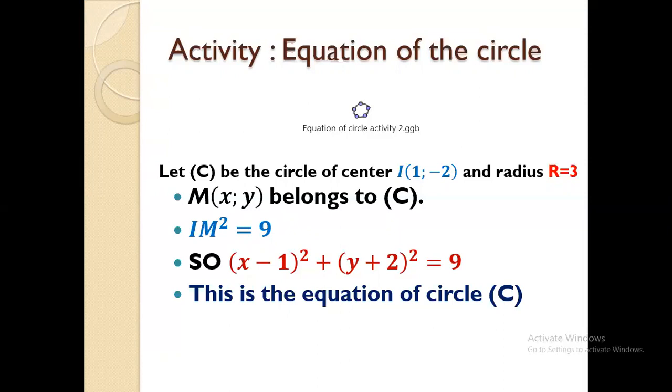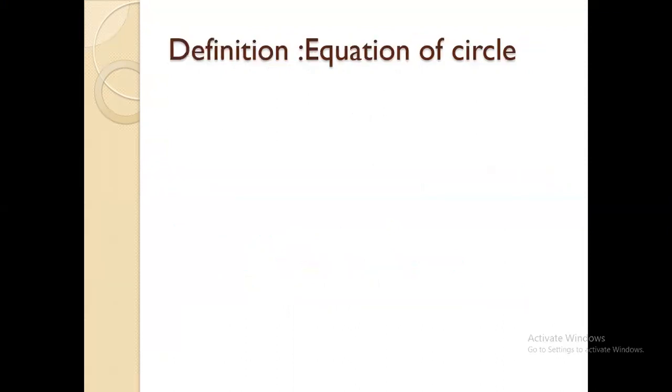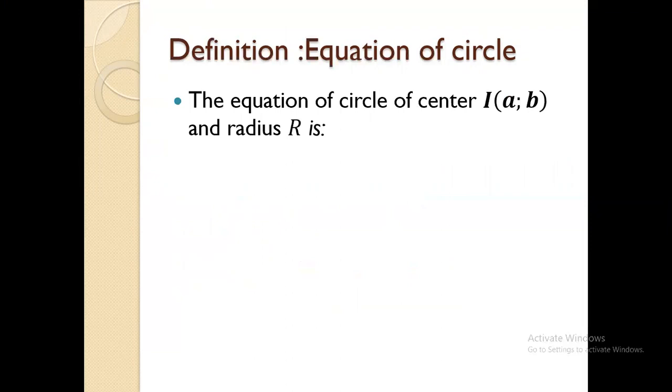If the equation is satisfied, then the point is on the circle. So in general, the equation of the circle of center I (a, b) and radius R is (x minus a) squared plus (y minus b) squared equals R squared. So this is the form of the equation of the circle.